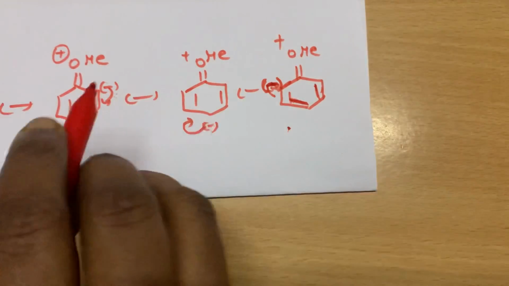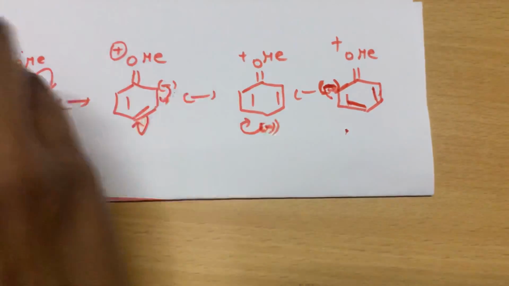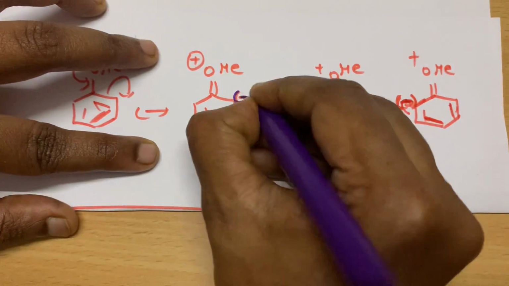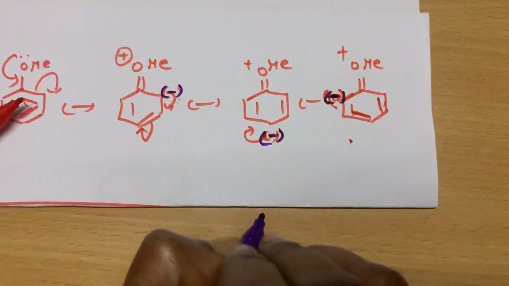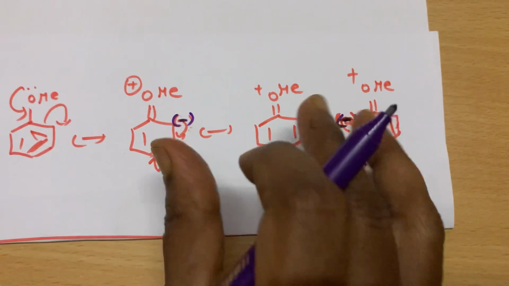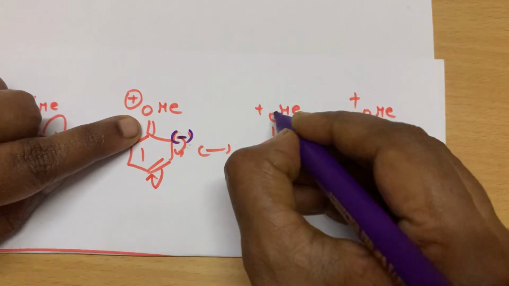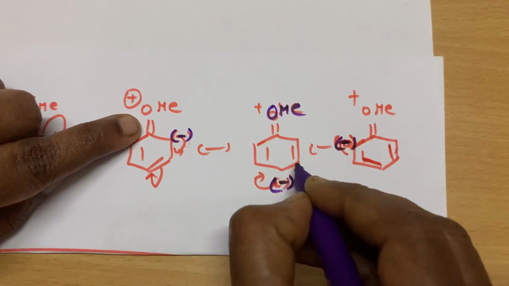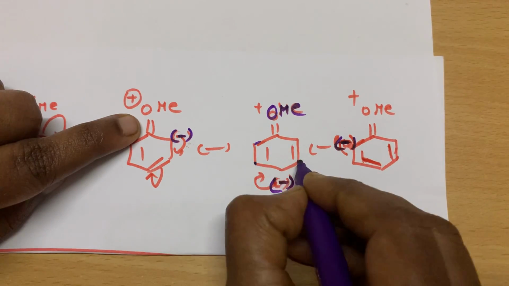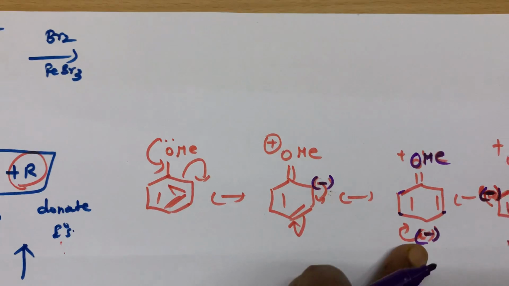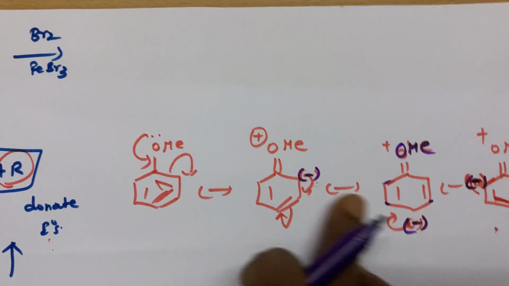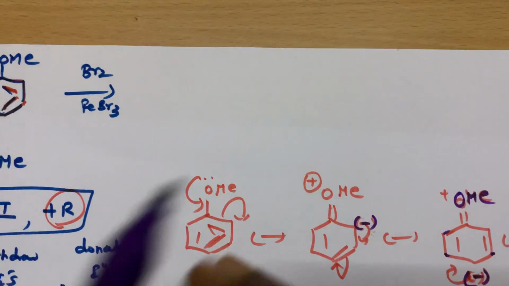Electron density is seen in both the ortho positions and the para position. Here also the meta is not affected, and you must remember that whether the group is electron donating or withdrawing, your meta will always be unaffected. So which positions are enriched with electrons? The two ortho positions and the para position, and not the meta.